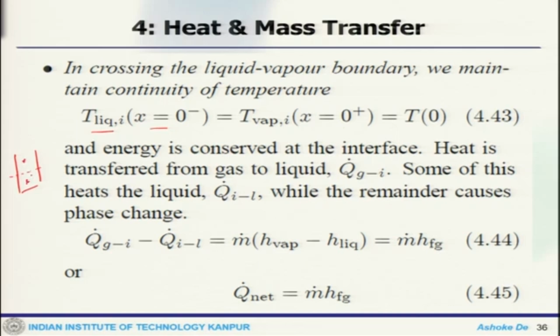The heat transfer from the gas to the liquid is Q g i, some of this heats the liquid and the rest is used to get the phase change. So, Q g minus Q i l is m dot times the difference of vapor enthalpy, m dot h f g. So, one can find that Q dot net is nothing but the change in enthalpy with the mass flow rate at that interface.